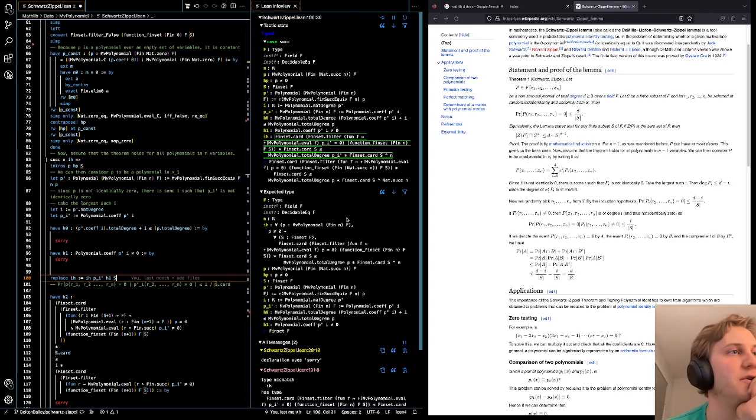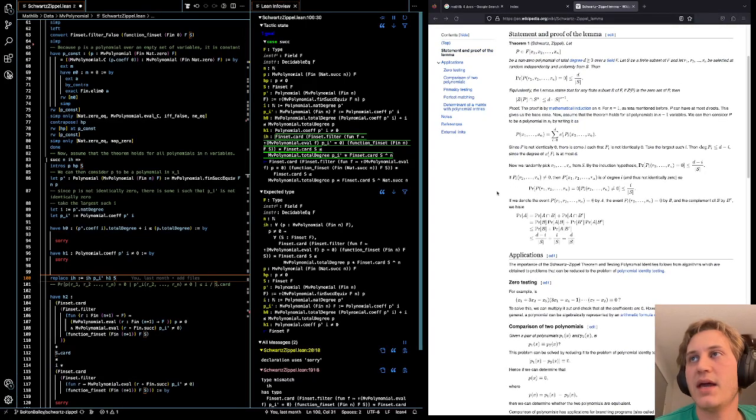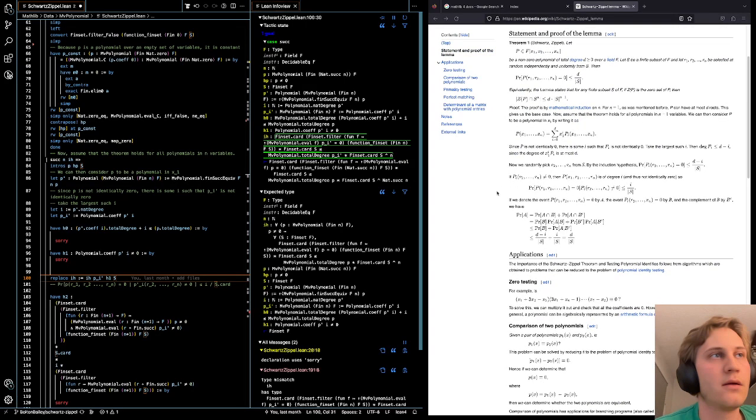And so now I have to prove that this is less than, I basically have to prove the same statement, but for the successor of n. And this is where we probably get close to this calc block.